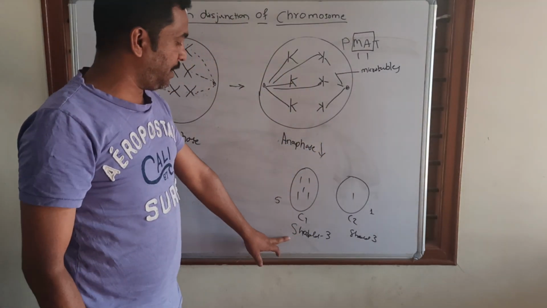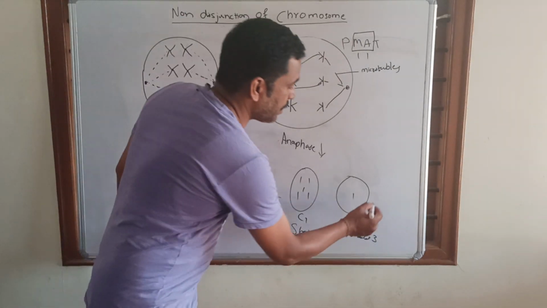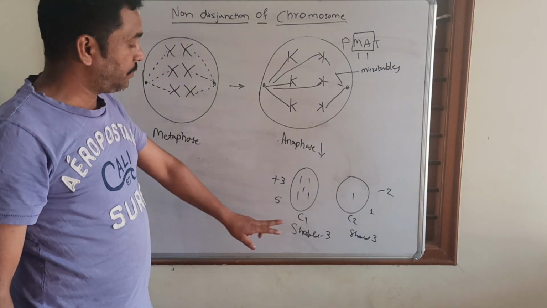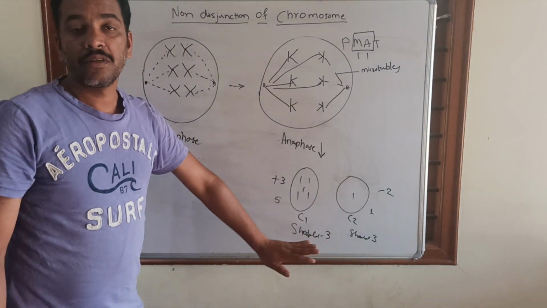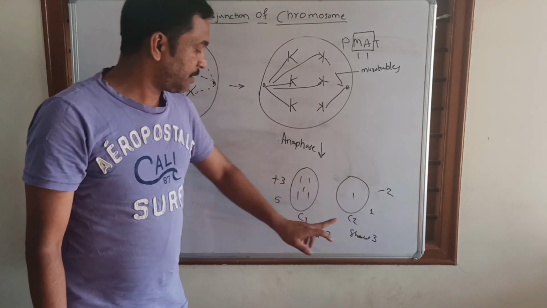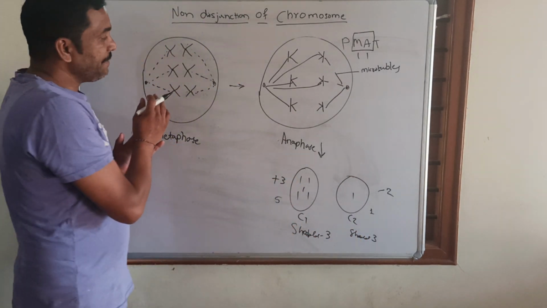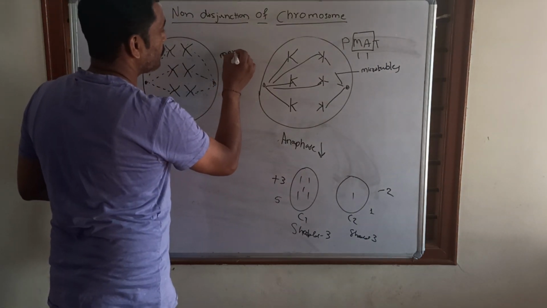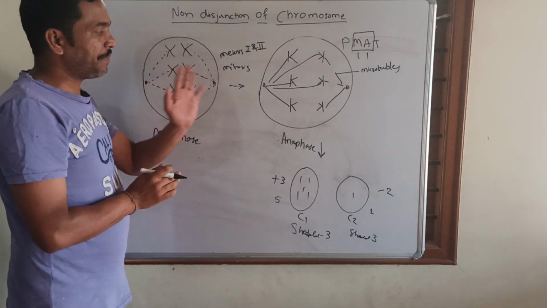So instead of 3 here you have 5, and instead of 3 here you have 1. Here minus 2, here plus 3. This is the result after non-disjunction: the number of chromosomes is subtracted here, added there. This may happen in mitosis as well as in meiosis 1 and meiosis 2.